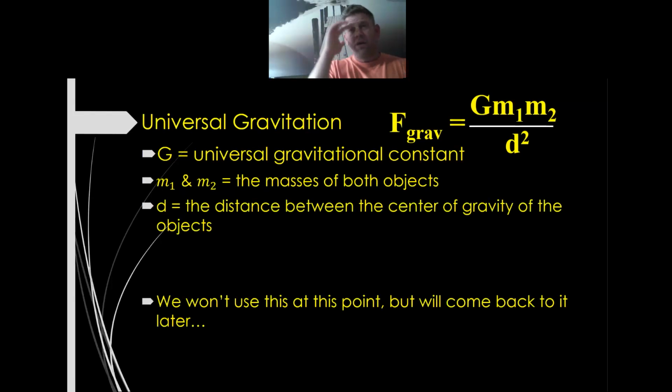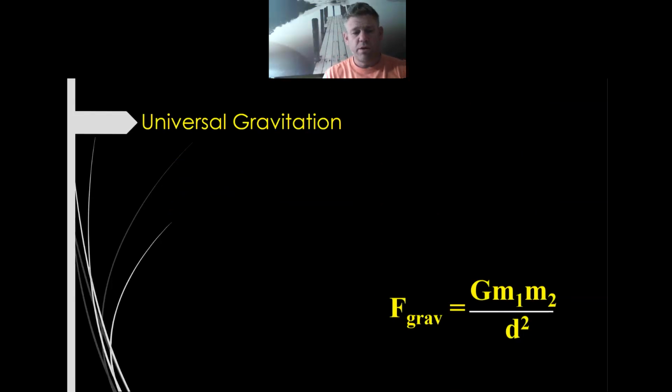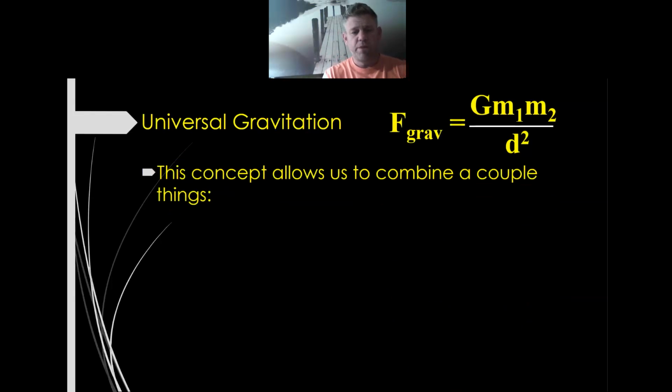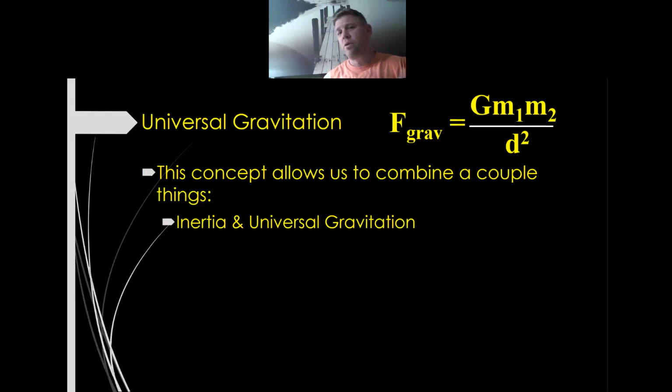So, when we look at this, I just want you to understand conceptually what's taking place here. Right now, our algebra is not ready. Right now, our physics isn't ready for us to actually start to attack this equation. So, when we look at this one, it allows us to combine a couple things, inertia and universal gravitation. Anything that has mass is going to have a certain amount of gravitational pull.